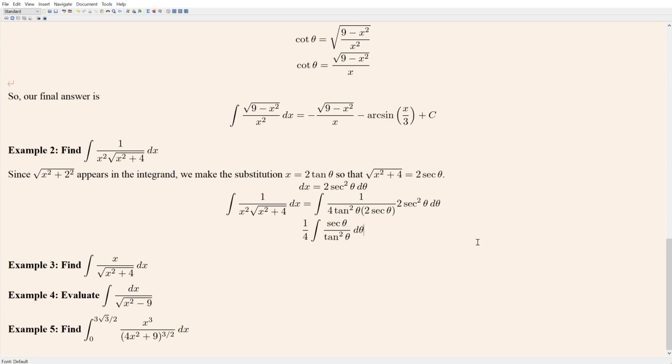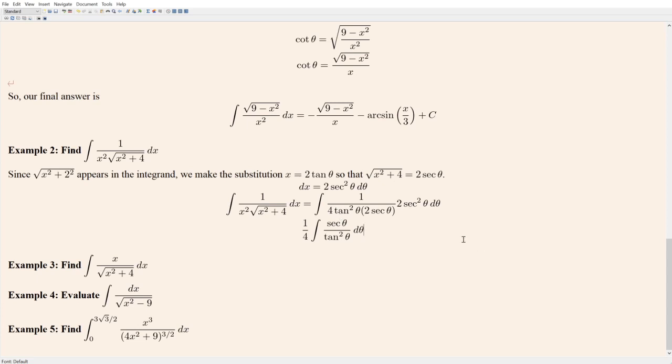Well, when I see something like this where it's not immediately obvious what is going on, what I like to do is to convert everything to be in terms of sines and cosines. Remember, secant is the same as 1 over cosine, and tangent is the same as sine over cosine.